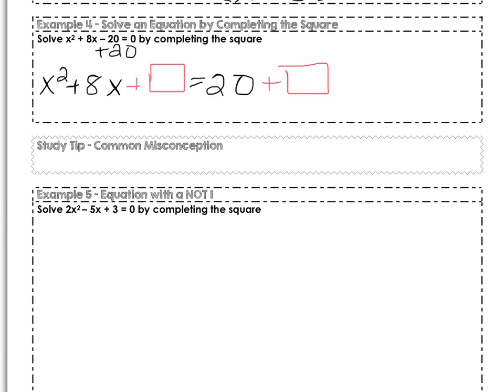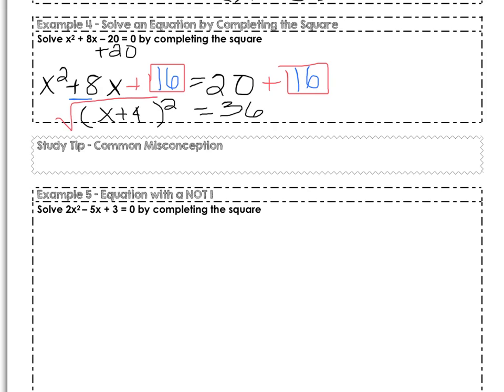To complete the square, I'm going to take 8 and cut it in half. That's 4. 4 squared gets me 16. So now, on the left-hand side, that'll create the perfect square trinomial of x plus 4 squared, and on the right-hand side, 20 plus 16 is 36.